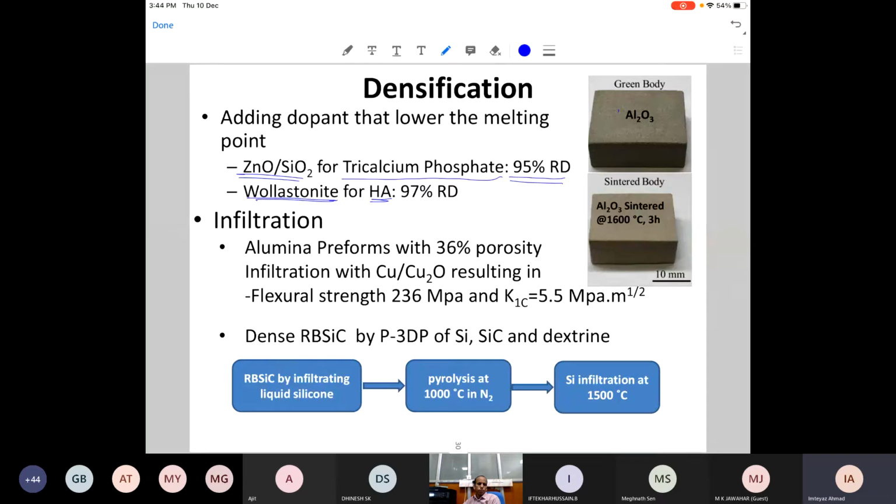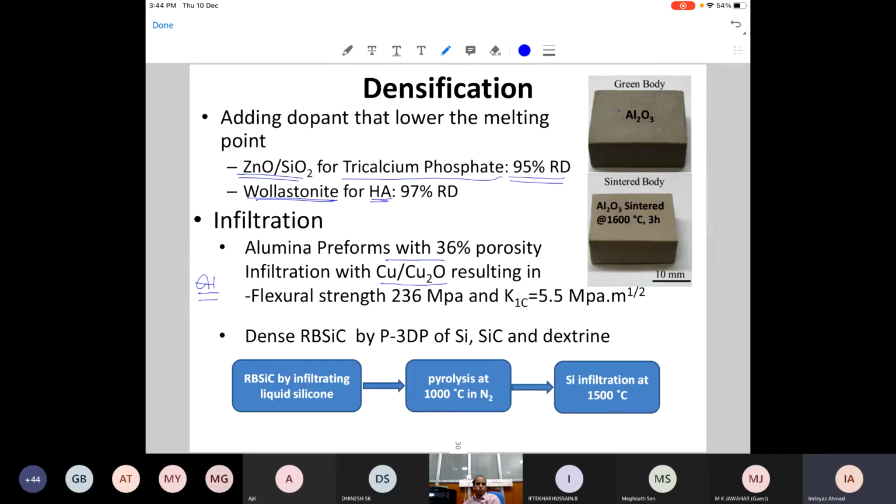Now, if you make alumina preforms and you have some porosity, generally what they do is either infiltrate with aluminum, and it becomes a composite, or sometimes they infiltrate with copper. So they close these pores, they pack them.